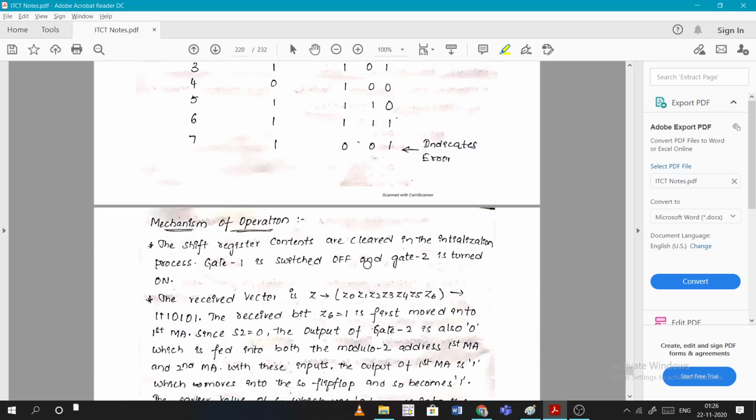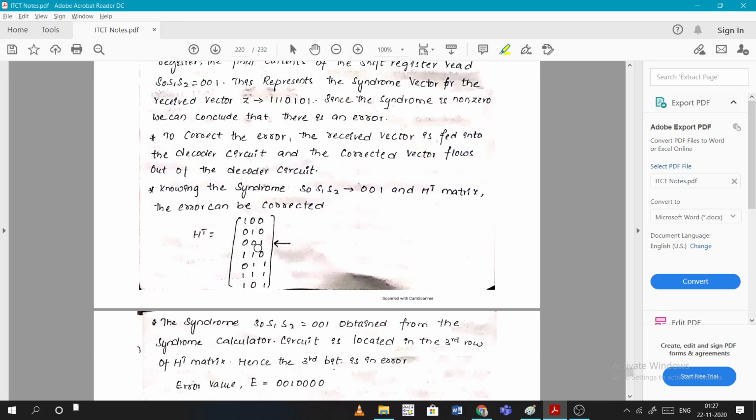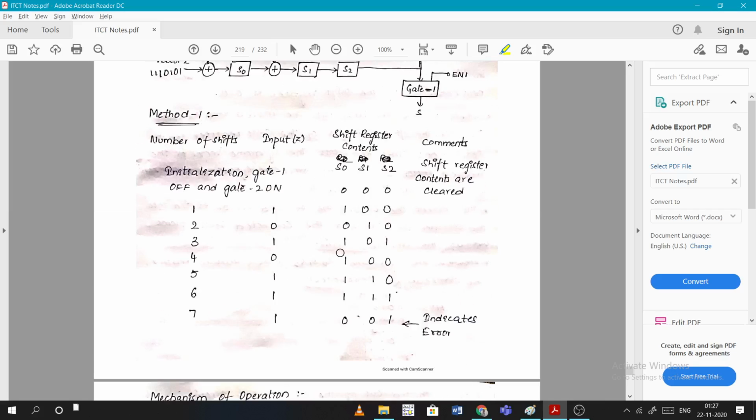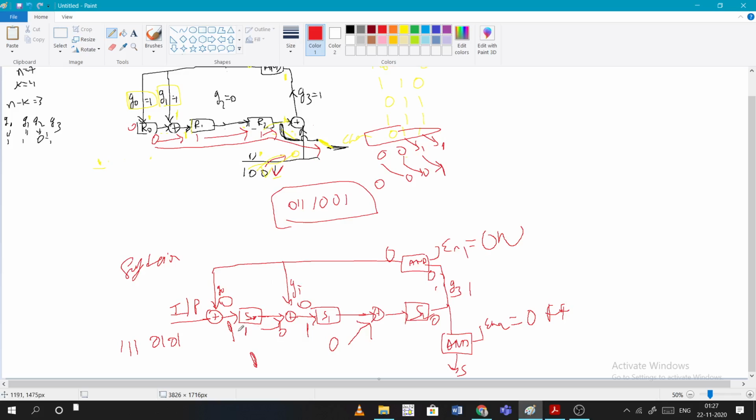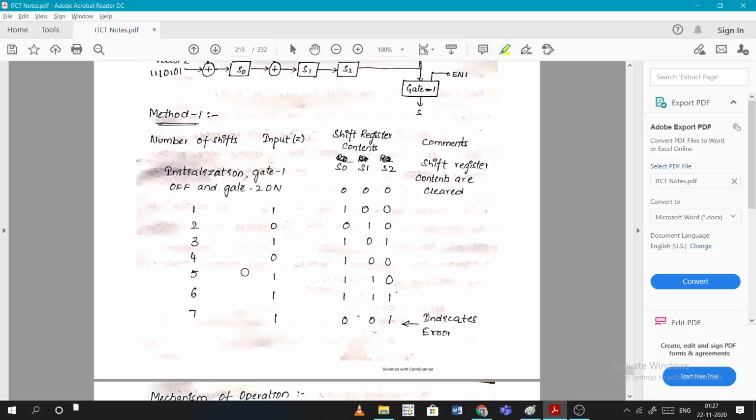After sending all these, we'll get a syndrome. When you do all these rotations until all the bits have entered, at the last iteration, the 7th, we will get some value, that is 0 0 1.